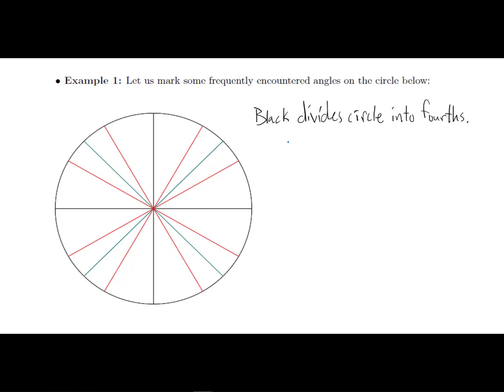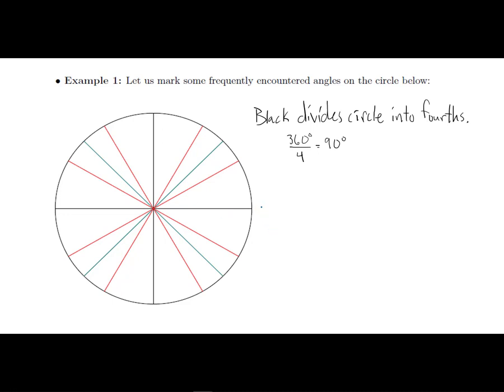With that observation and knowing that there are 360 degrees in a circle, it might make sense to start by taking 360 degrees divided by 4. That, of course, gets me 90 degrees. So what that means is as I go from one black line to the next, I've gone through 90 degrees.